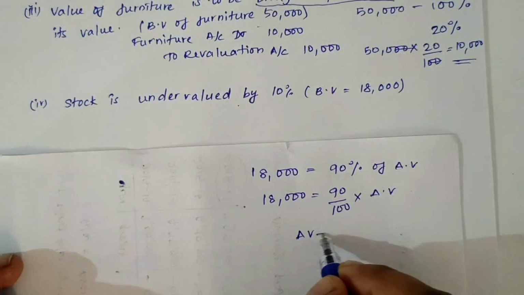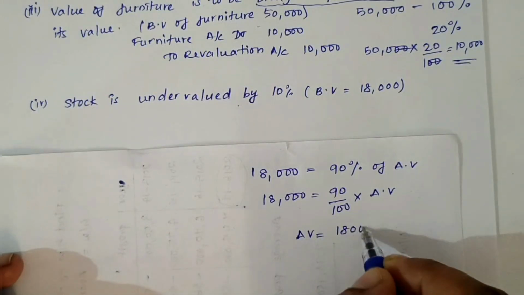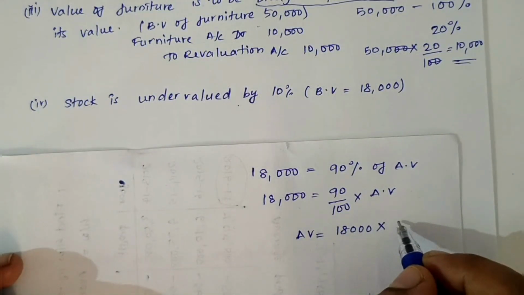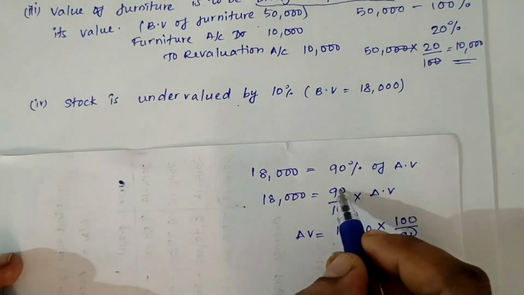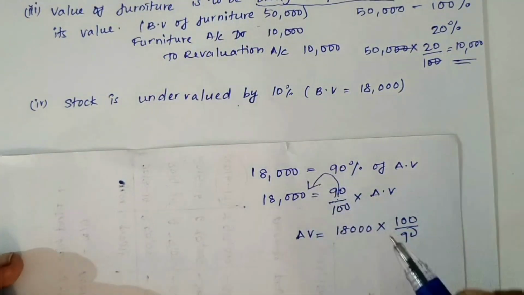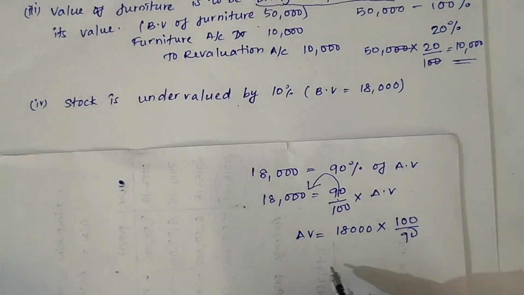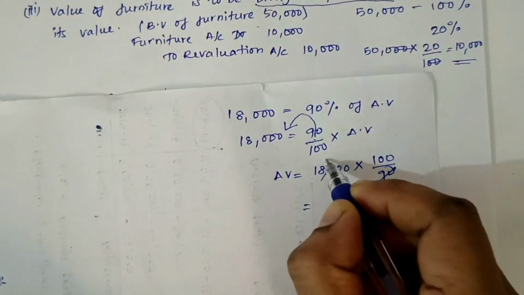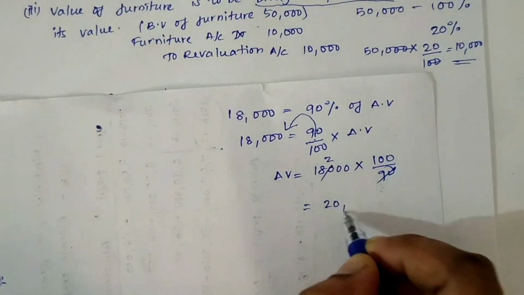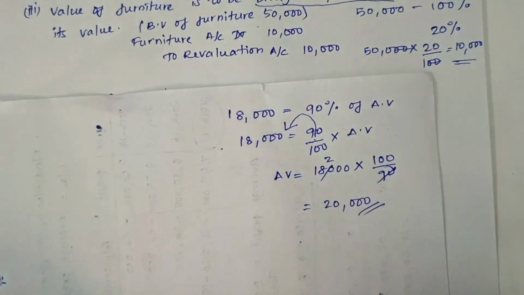So actual value is equal to 18,000 multiplied by the reciprocal. When this 90 by 100 comes this side, it becomes the reciprocal. So it is 20,000.